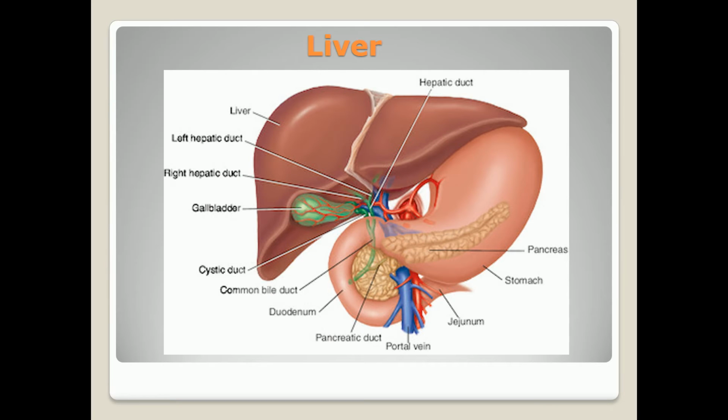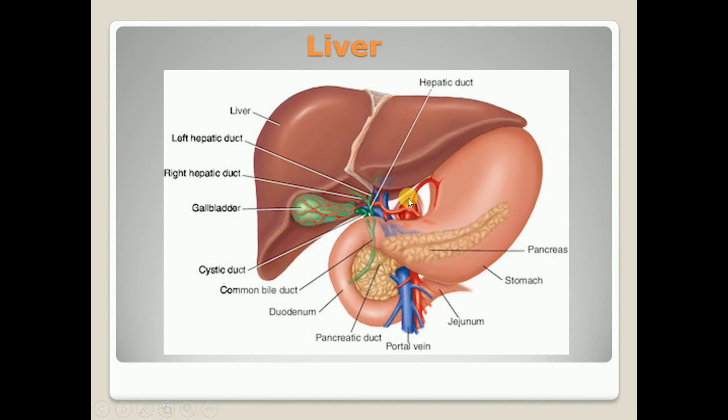Now this is the position of the liver. Below the liver, the gallbladder is present. The gallbladder is a bag-like structure for storage of bile. Here the right hepatic duct and left hepatic duct are also there, then the cystic duct and the common bile duct, and the duodenum.